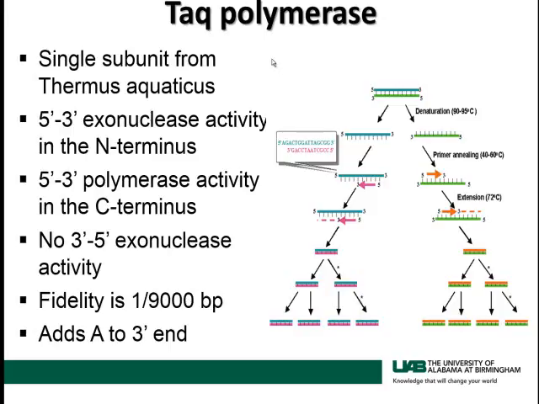The fidelity, though, is one mutation out of 9,000 bases. So this is incredible. The fidelity is incredible. But one of the unusual activities associated with Taq polymerase is that it adds an A to the 3' end, and that activity is actually exploited in cloning, and especially in topoisomerase cloning, TA cloning, that we're using in the lab.